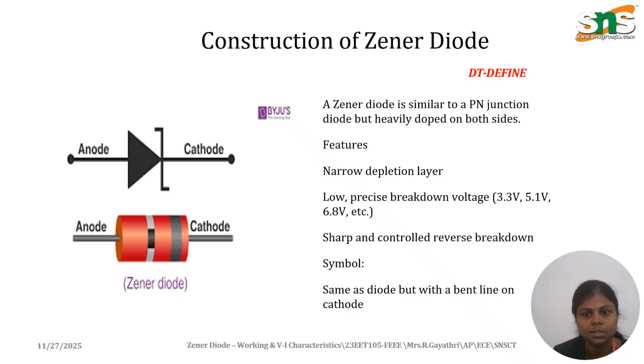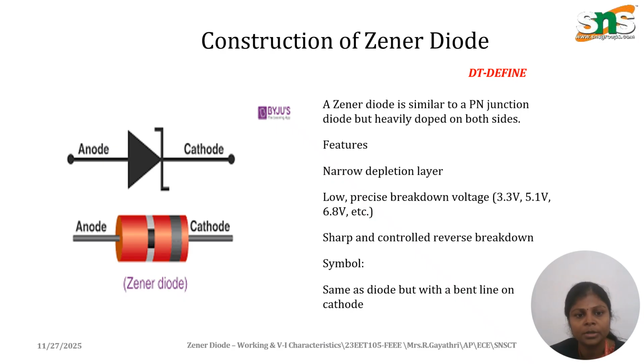Coming to the construction of the Zener diode, it is similar to the PN junction diode, but it is heavily doped compared to our PN junction diode.